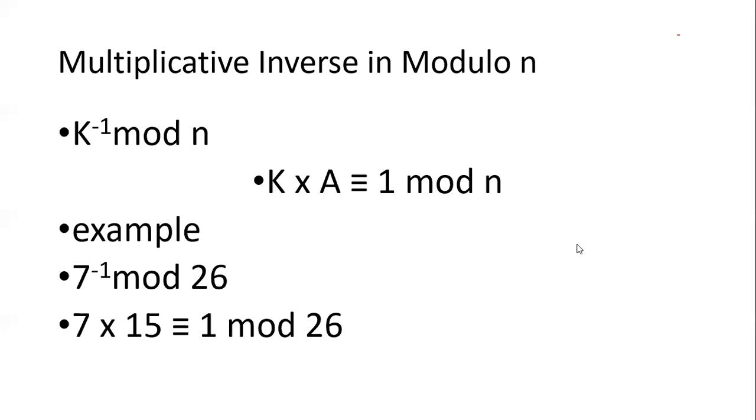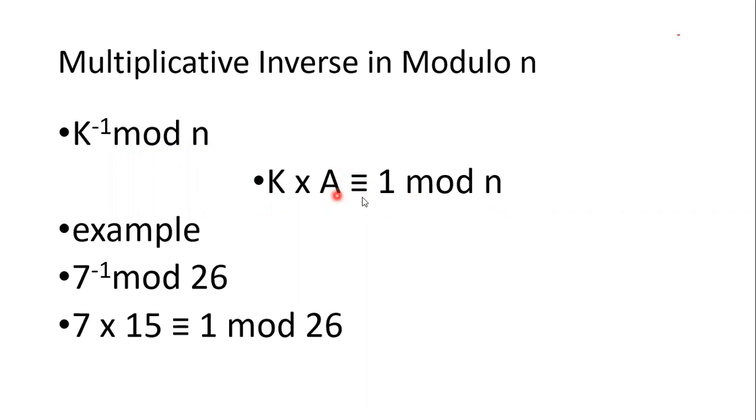So students, in this slide, we can see the formula of finding the multiplicative inverse in modulo n. According to the formula, if we want to find the inverse of any number in mod n by using the finite field, we have to multiply it with such an integer that is congruent to 1 mod n.